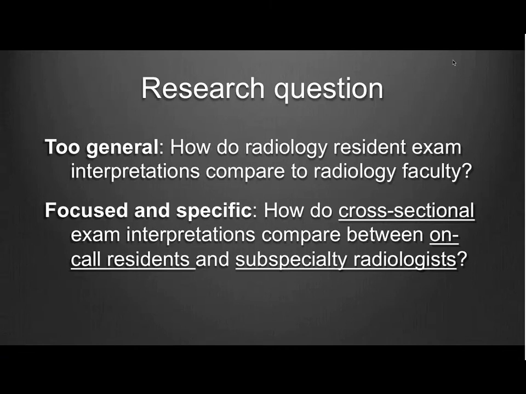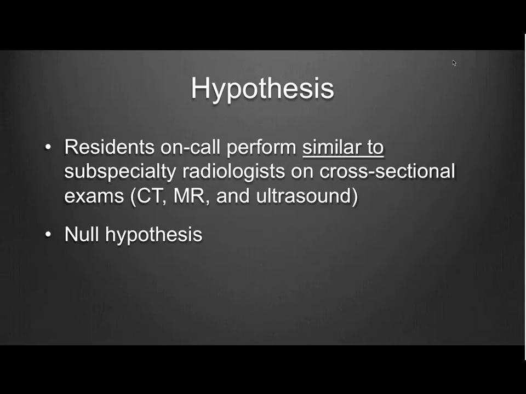Now taking that research question and changing it to a hypothesis, because it can go either way, this is an example of a null hypothesis: residents on call perform similar to subspecialty radiologists on cross-sectional exams, both CT, MR, and ultrasound.